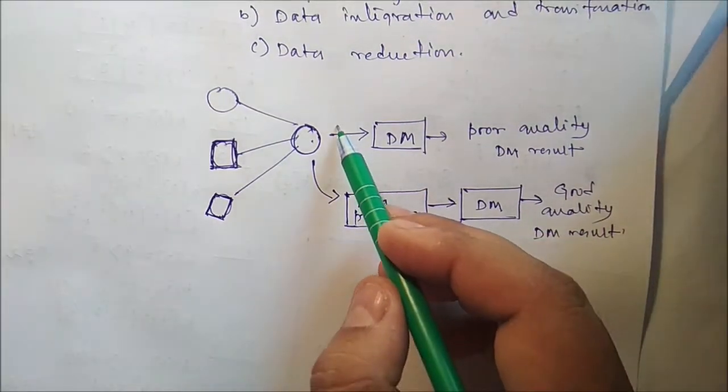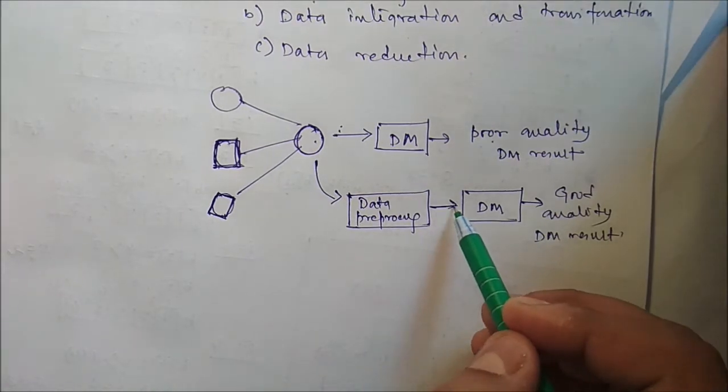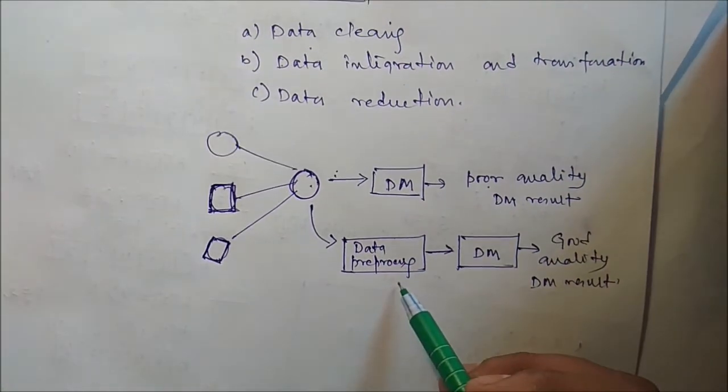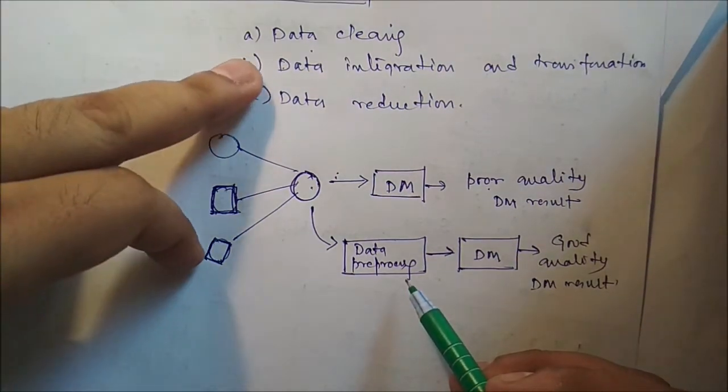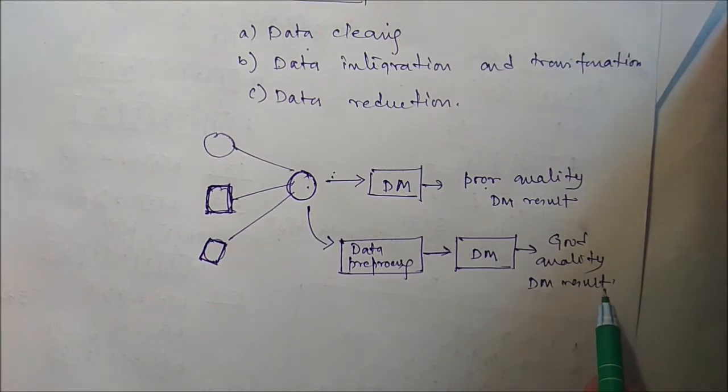If you apply the original poor quality data, we may receive poor quality results. And what is data preprocessing? Data preprocessing means data cleaning, data integration and transformation, and data reduction. Then we may receive good quality data mining results.